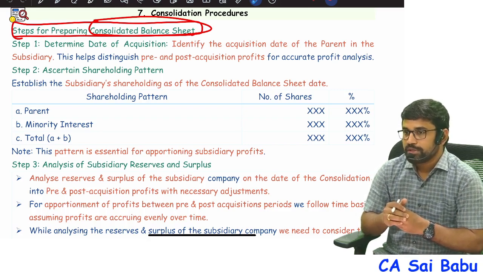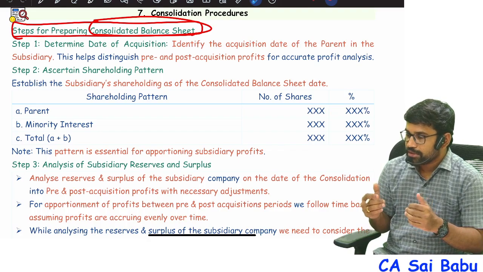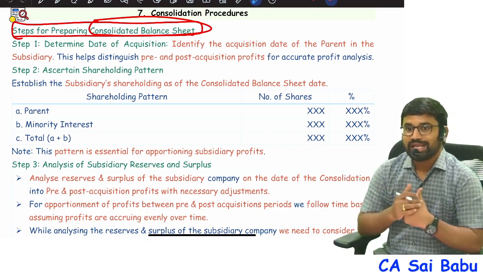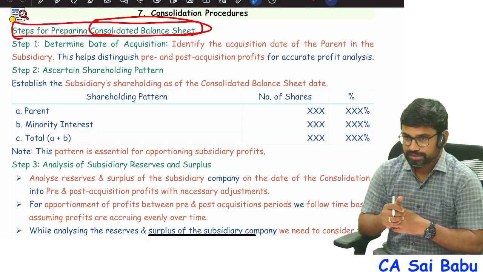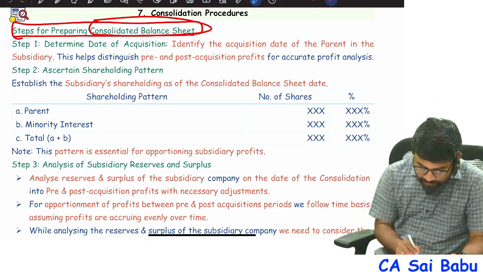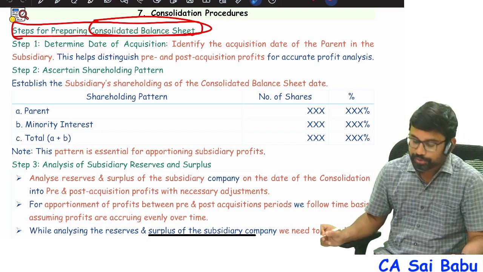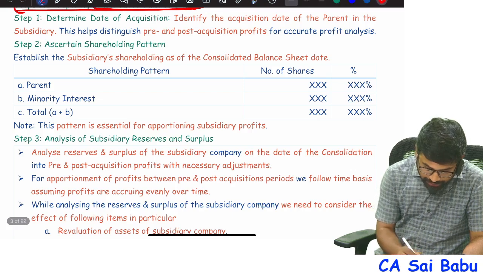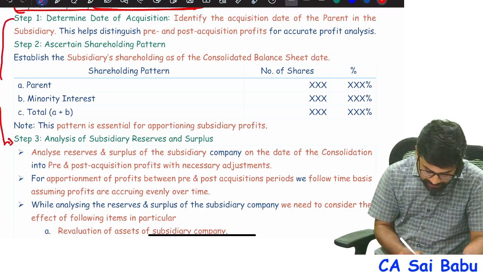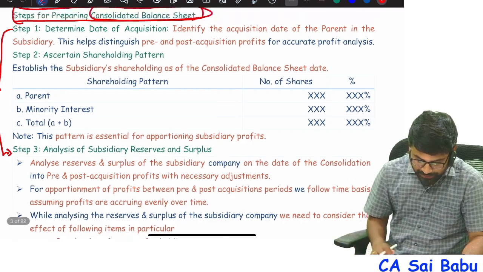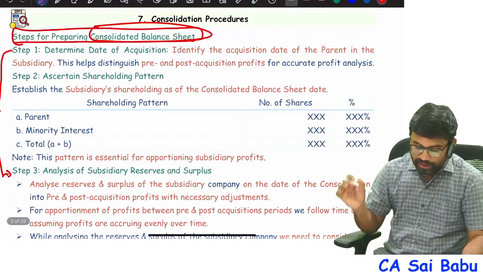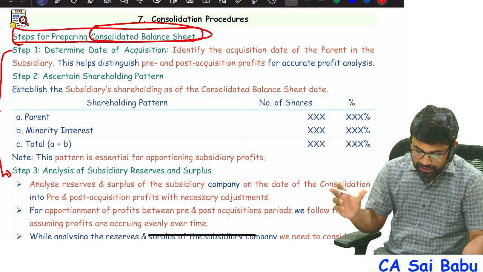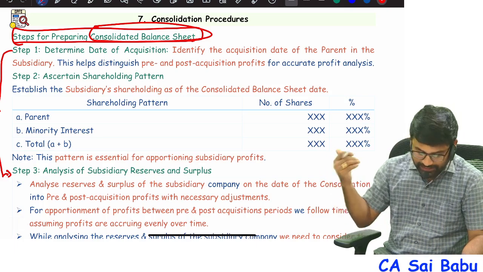Because in step number 3, when you want to do the analysis of subsidiary company profits, this date of acquisition is very, very important. So there is a link between step number 1 and step number 3.